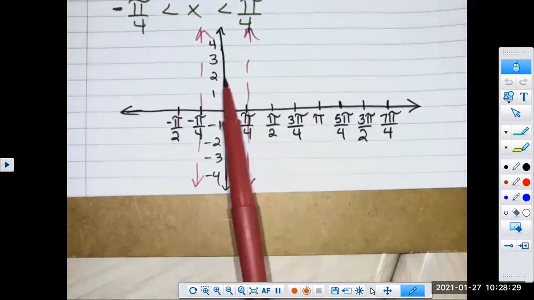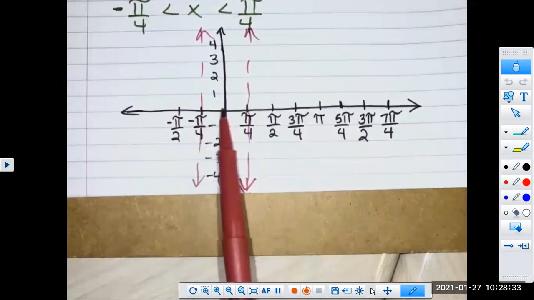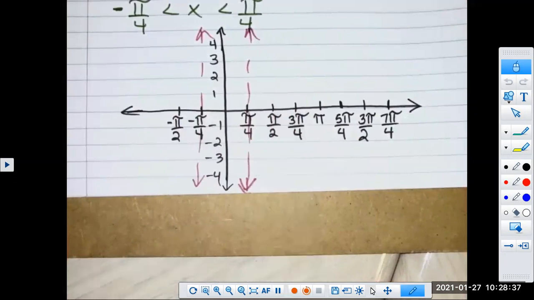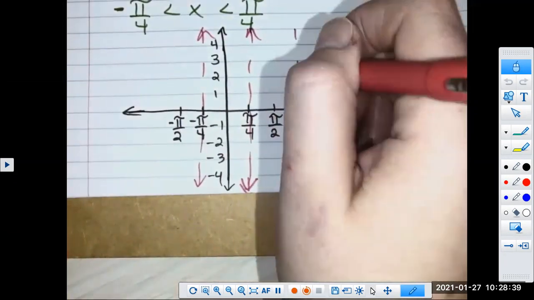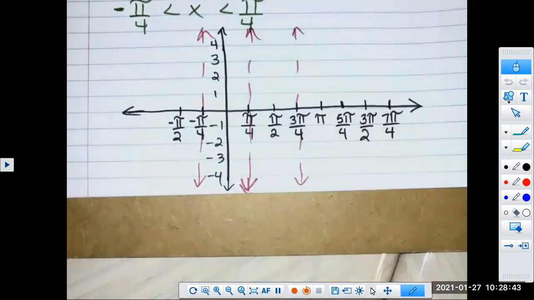And how you know where else to draw your asymptote, of course, is you can just see how far apart they are. So they're 1, 2 places over. So your next asymptote is going to be at 3 pi over 4. Or your period here is pi over 2.